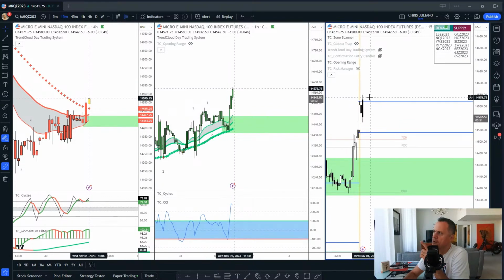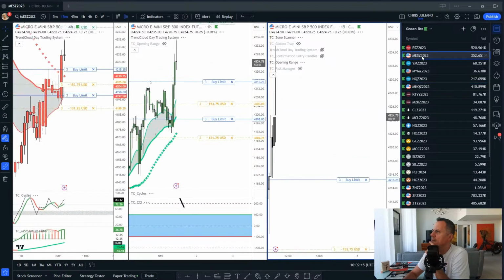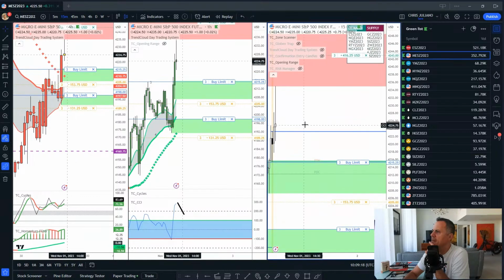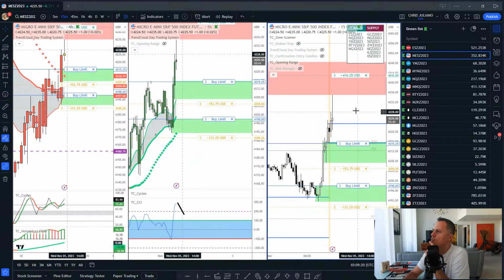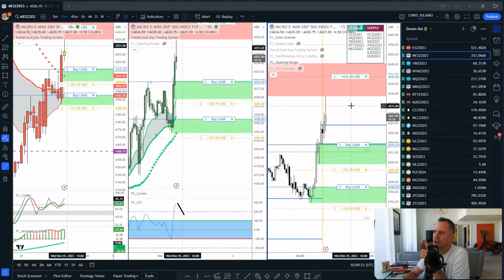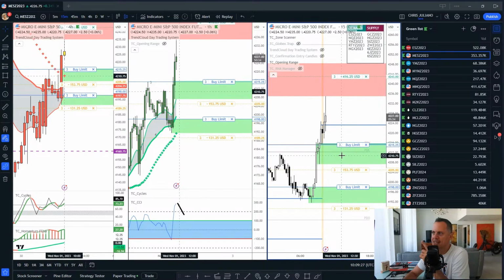Broke a little to the upside and now pulling back. Unlike the S&P, where we had a nice breakout to the upside and we're taking the retest.